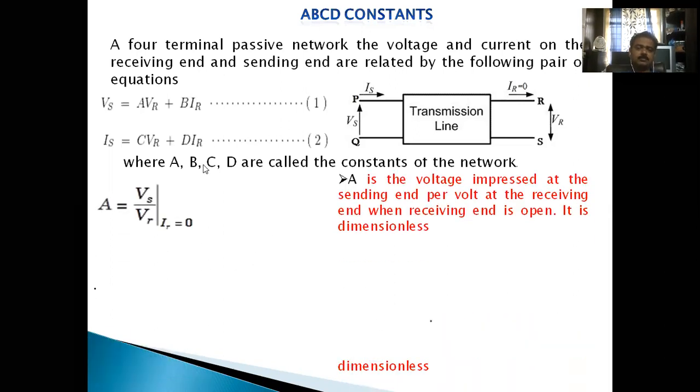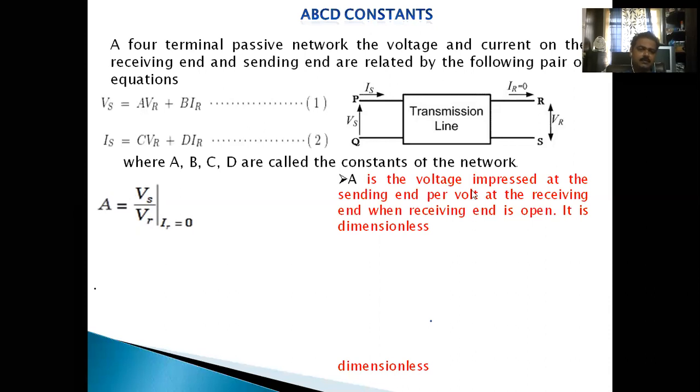Now how to find A? Simply by open circuiting the receiving end, so IR is equal to 0. Then directly A is equal to Vs by Vr. Similarly, with the receiving end open circuited, Is by Vr is equal to C. If we assume Vr is unit value, A is equal to Vs at IR equal to 0.